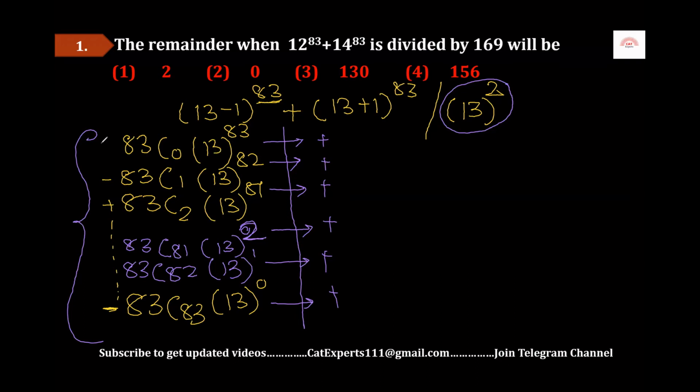That means this number is a multiple of 13 square, so it has to be divisible by 13 square. This is again divisible, this is again divisible. So all the terms till this point, because all these terms contain minimum 2 power of 13, have to be divisible by 169.